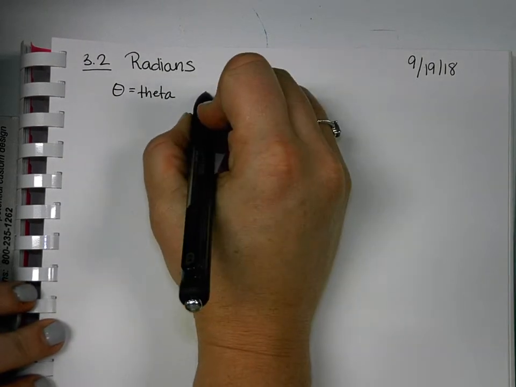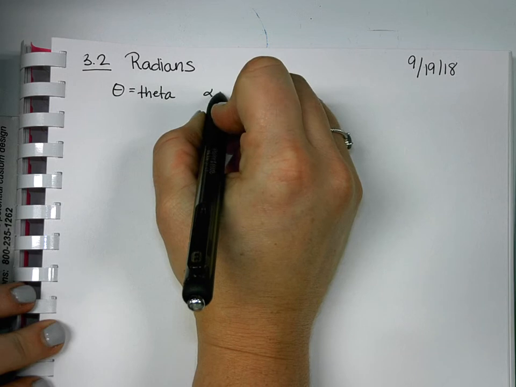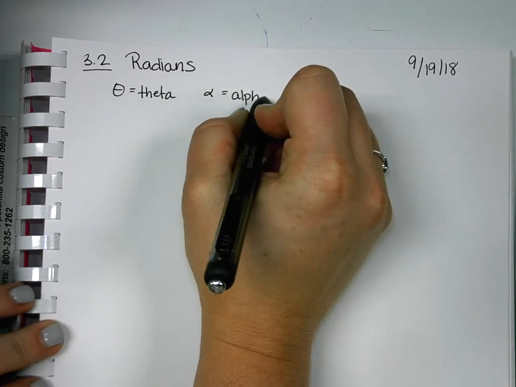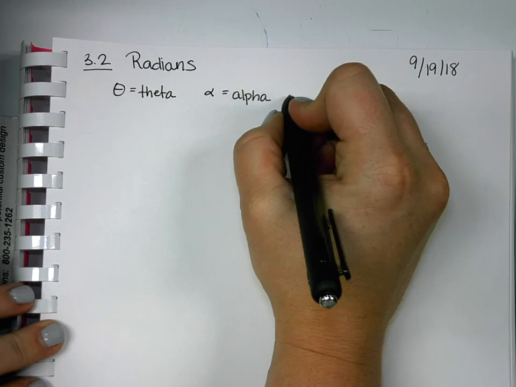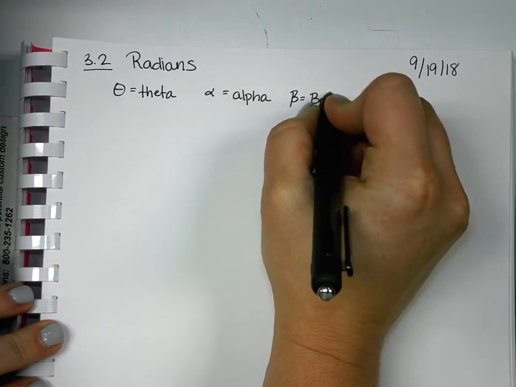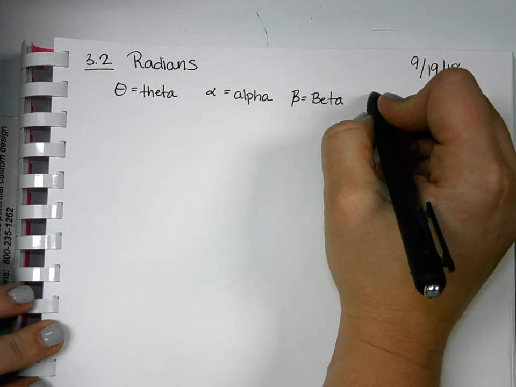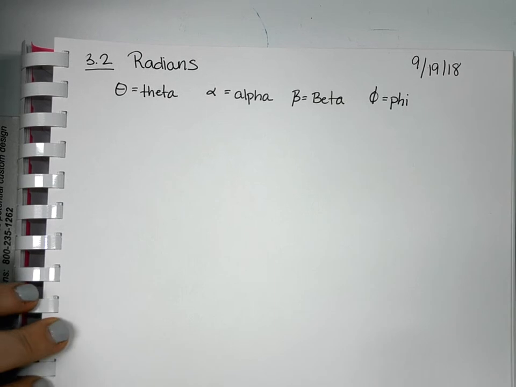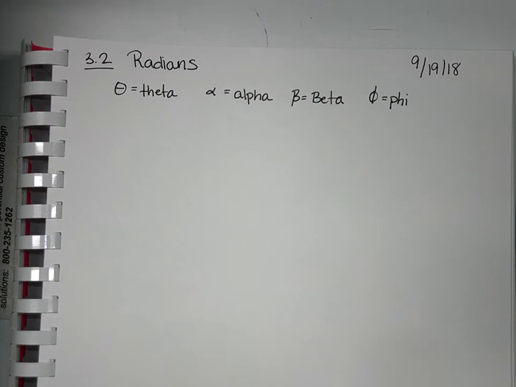Some others that you may or may not have seen before are alpha, beta, and sometimes even phi. In our book, these four symbols all just stand for an angle measurement, whether that be an angle in degrees or an angle in radians.